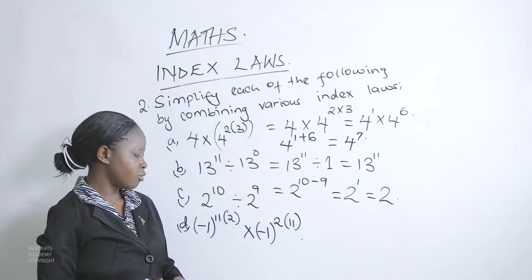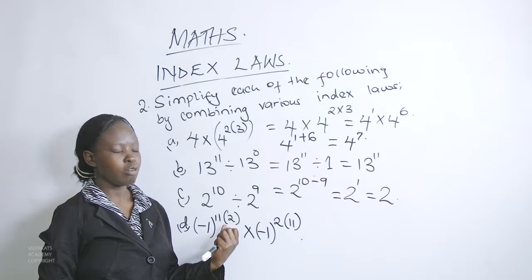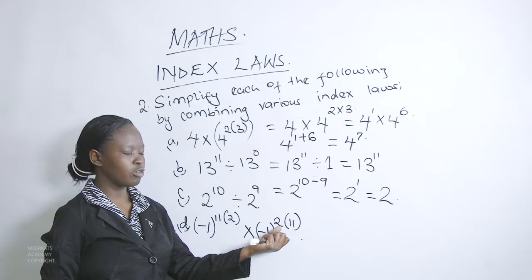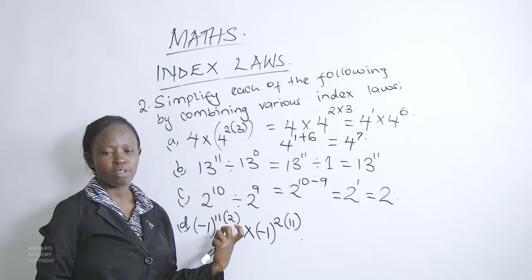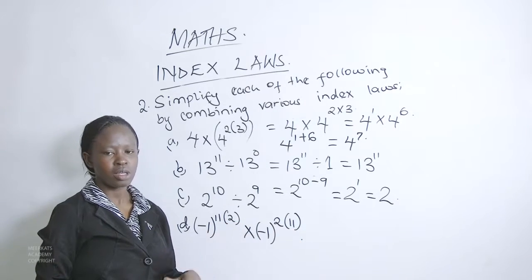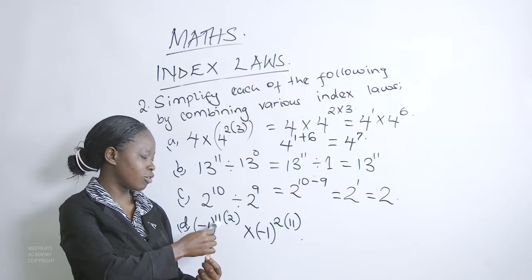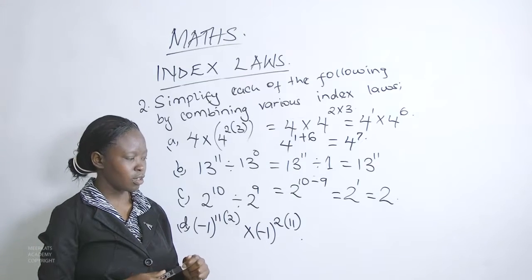Then next we have negative 1 to the power of 11 to the power of 2 times negative 1 to the power of 2 to the power of 11. So we are having powers of powers in this given equation. So it means that we first simplify the power of power by multiplying those given powers.